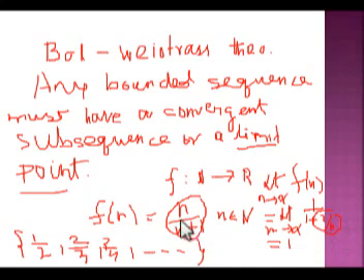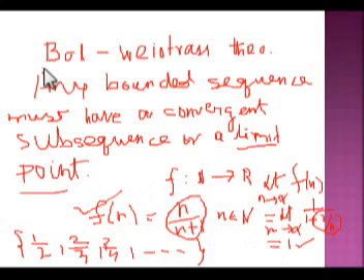So this sequence converges and its limit point is 1. But one is not actually attained in this sequence. You cannot find the value one; you get points that are nearly one, but not equal to one.